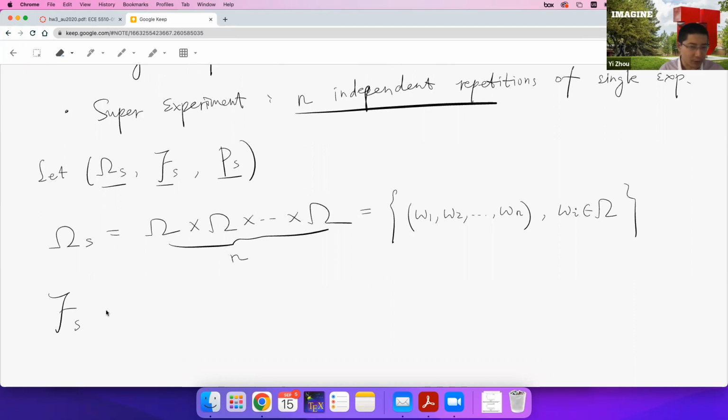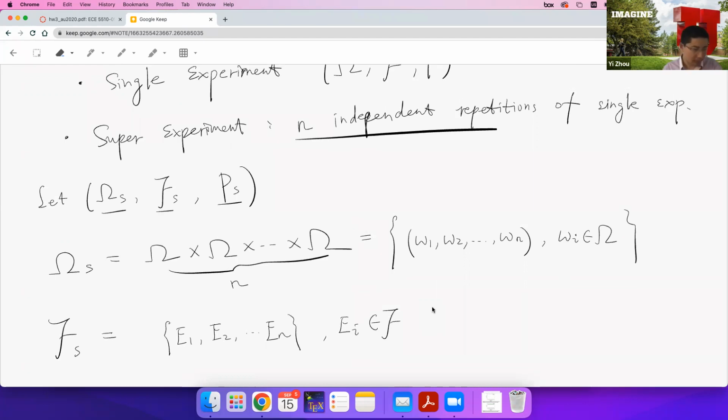And then the sigma field. Now, once we have this outcome space, we can define the events, which are basically subsets of this outcome space. And the sigma field can be formed by, again, the events, where each event comes from an individual experiment.